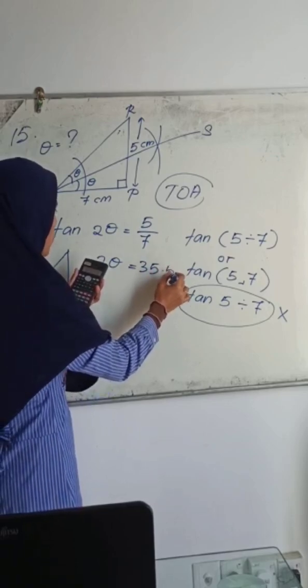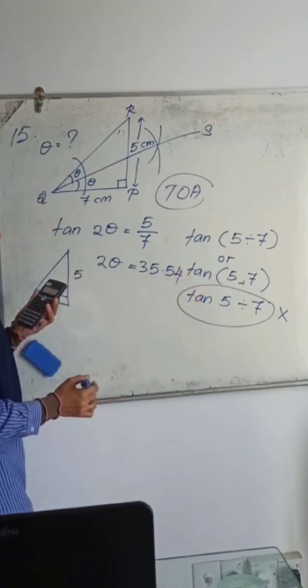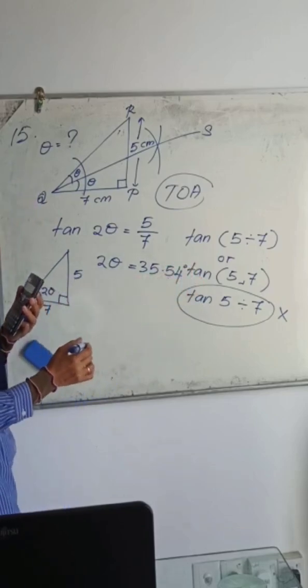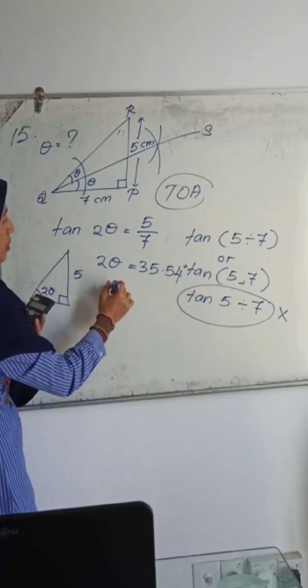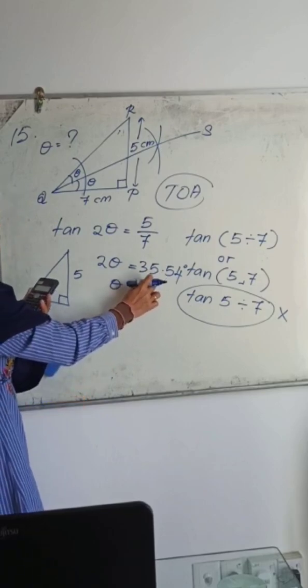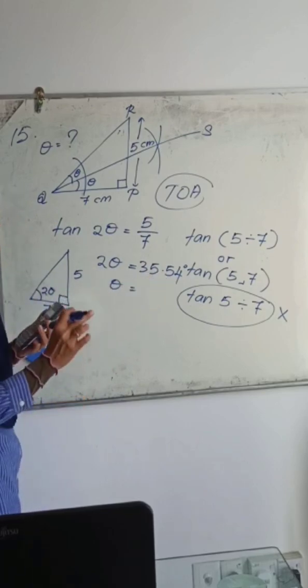So this is the value of 2 theta. To find theta, you must divide by 2.